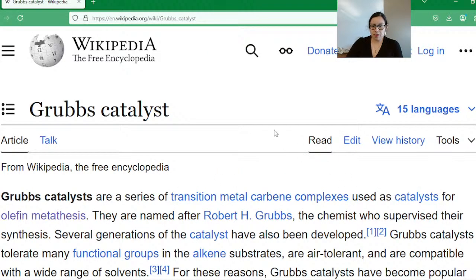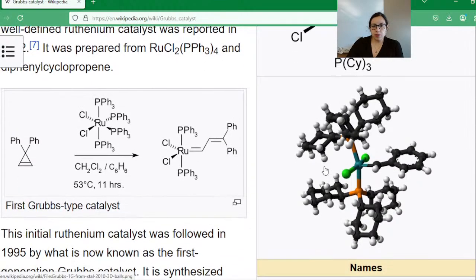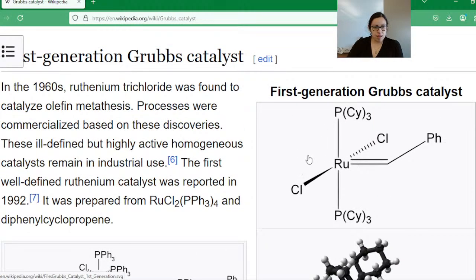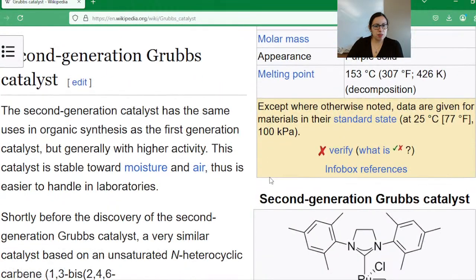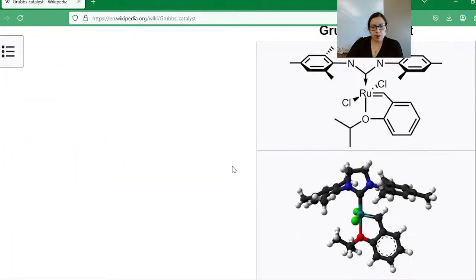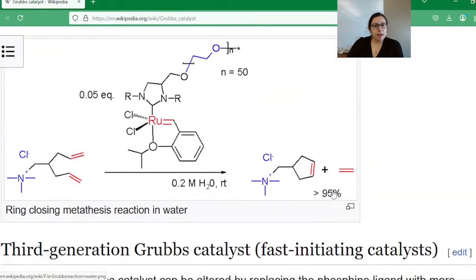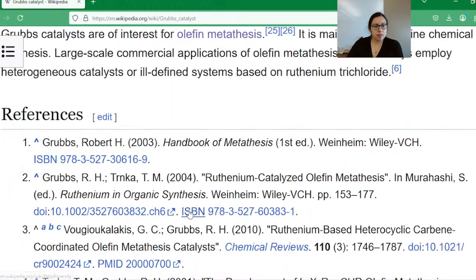So these are just famous olefin metathesis catalysts, and there's like a bajillion of them. Again, let's see if we can try to find if it has a mechanism on Wikipedia, at least roughly. So yeah, no, that's a catalyst.